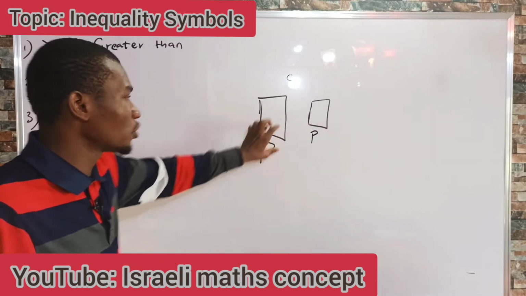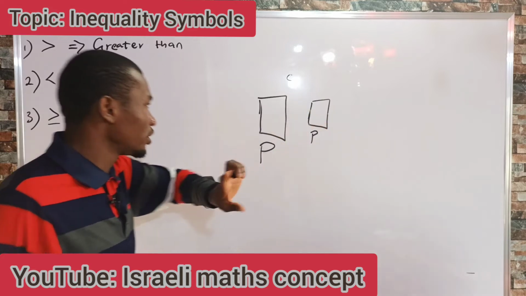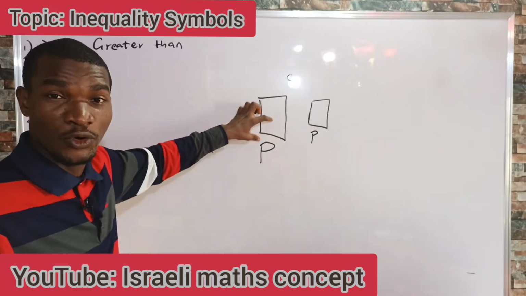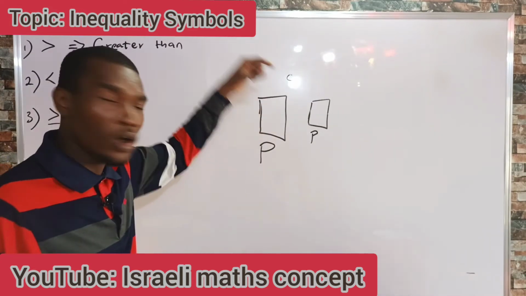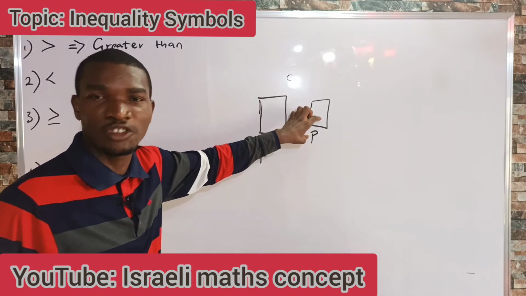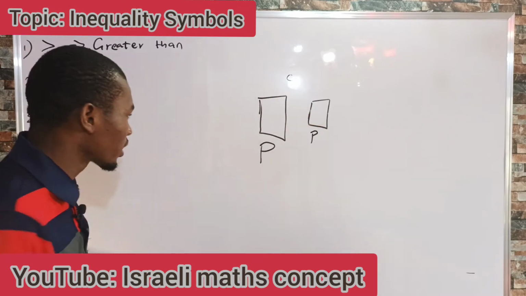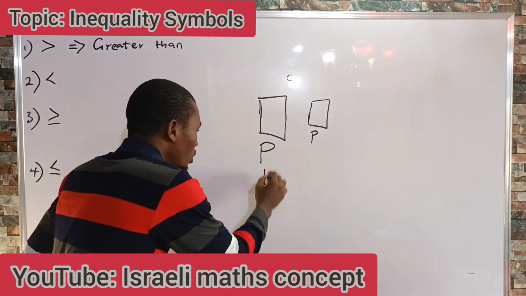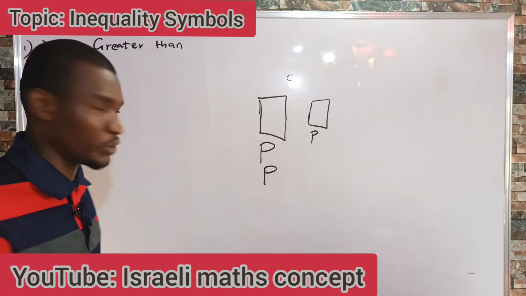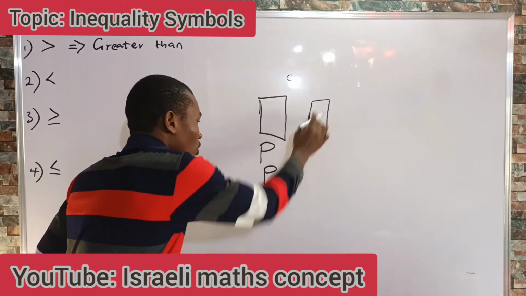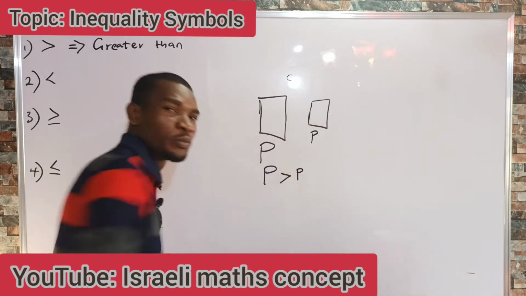Since their functions vary, we already know that the function the bigger phone will give to you will be greater than the function the smaller one will give to you. Hence, we can say that the bigger phone, represented with capital P, is greater than the smaller phone, represented with small p.